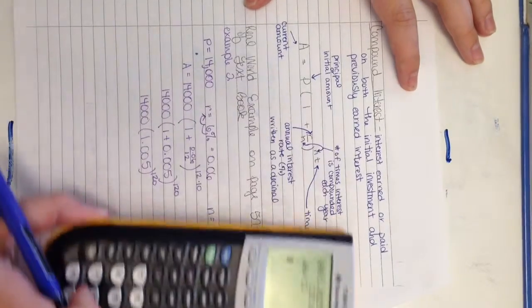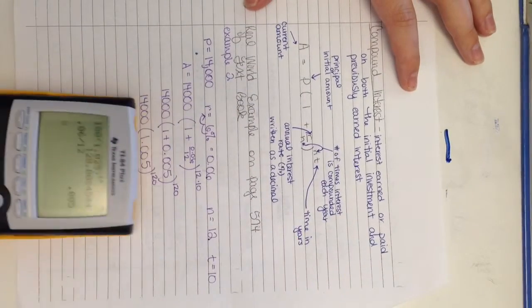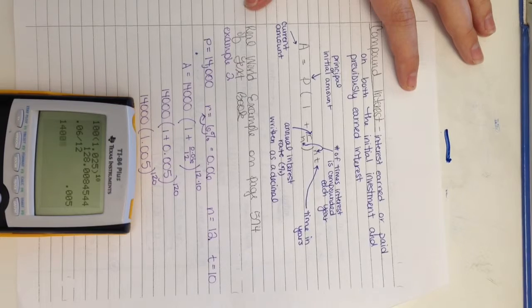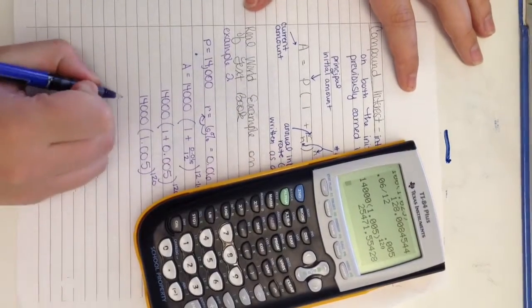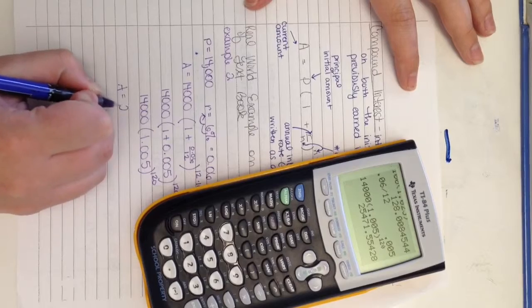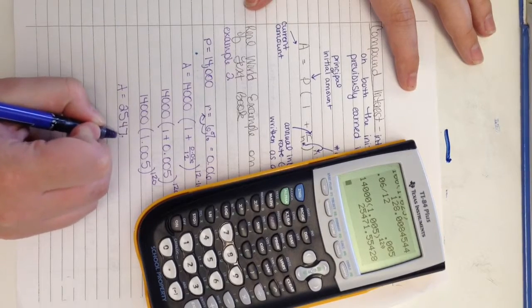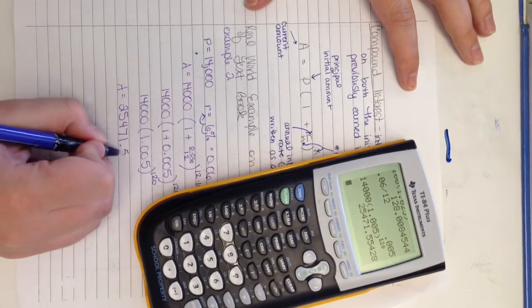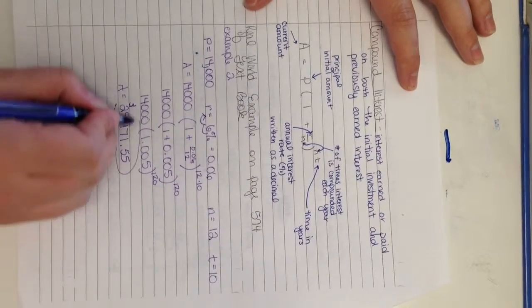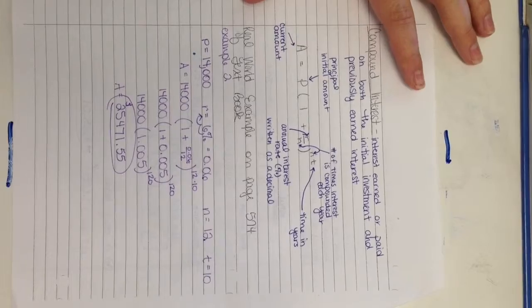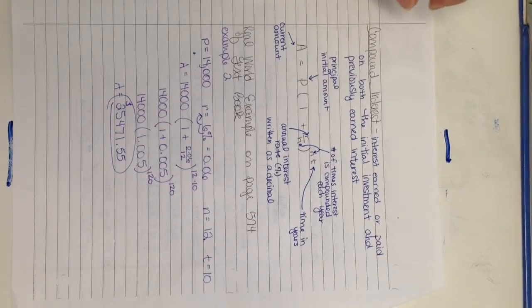Now I'm going to take my calculator and type in 14,000 times 1.005 to the 120th power. And I get $25,471.55. So they put in $14,000, but 10 years later, they have a little over $25,000 in there.